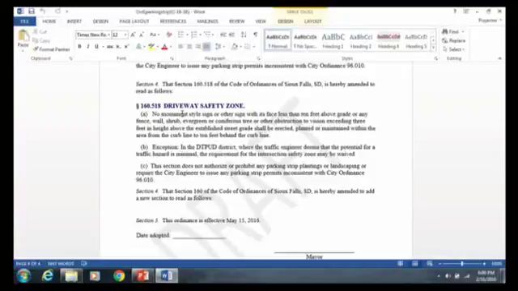Like we talked about last time, we're still looking at a 24-month period before we actually start enforcing this ordinance. In the very first year, you'll see me out there a lot, talking to the public and any group I can get in front of to explain this ordinance. We're going to call it our public education campaign.